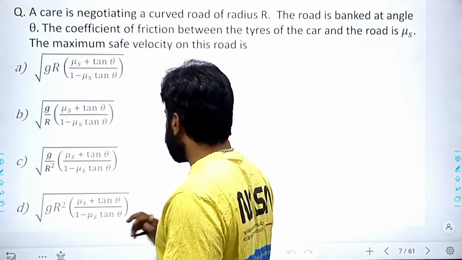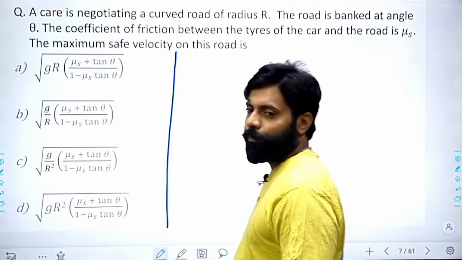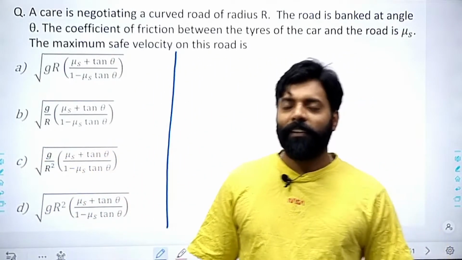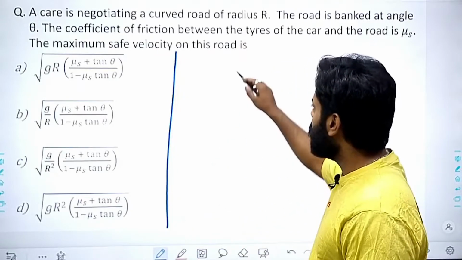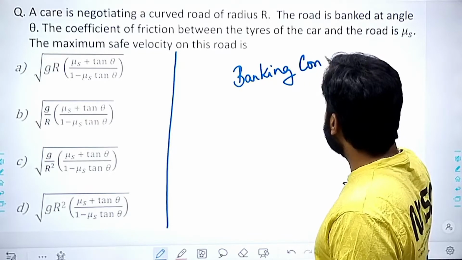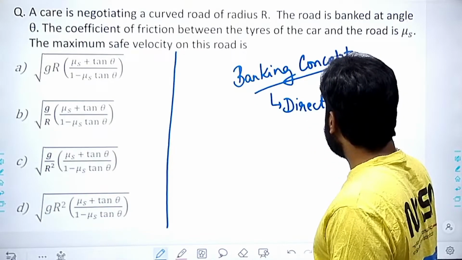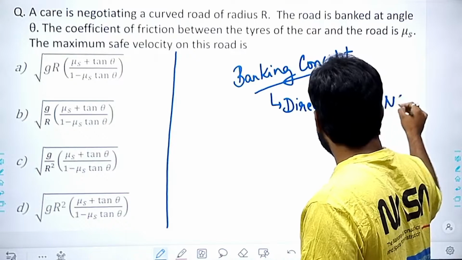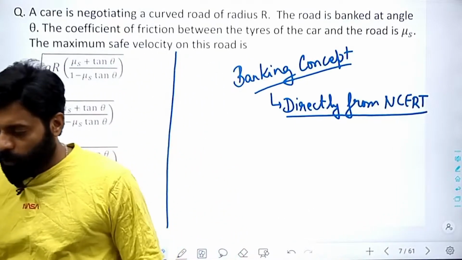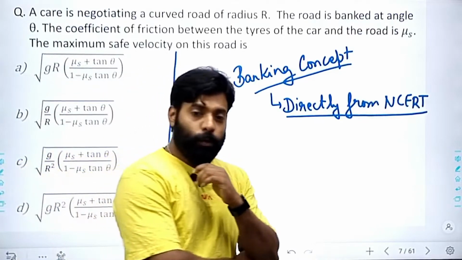Here what you need to do is find out a relation between... this is the banking question, and directly from NCERT. If you know the formula, you can mark this correct immediately. If you do not know, then it will take a lot of time.